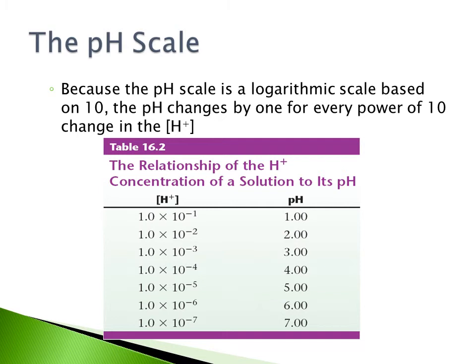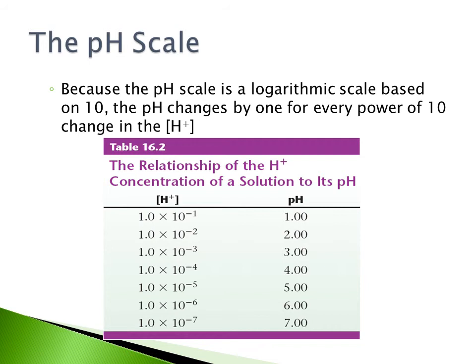So again, the pH scale is logarithmic based on powers of 10. So if we have a concentration of H+ that's 0.1 or 1 times 10 to the minus 1 molarity, then the pH would be 1. And we can see as our concentration of H+ gets smaller and smaller, our actual pH value goes up and up.